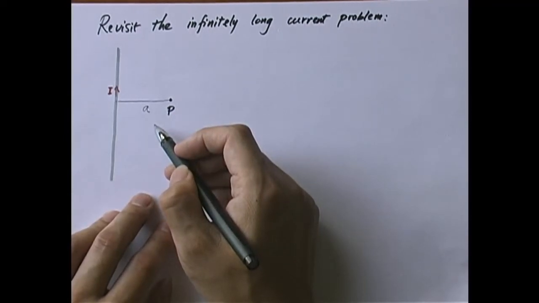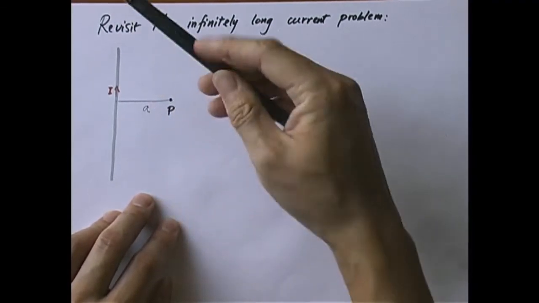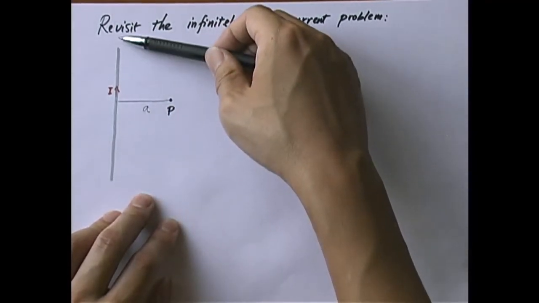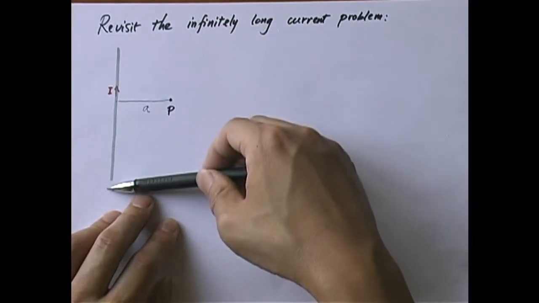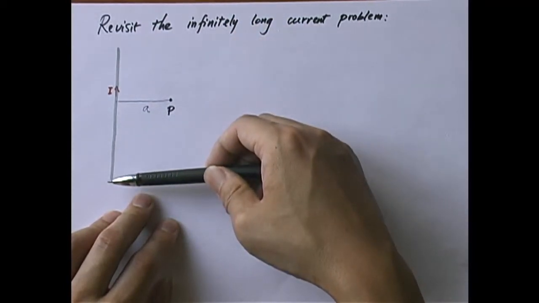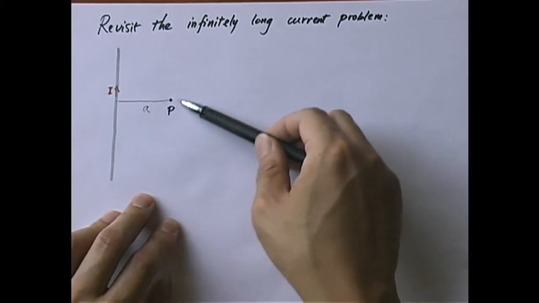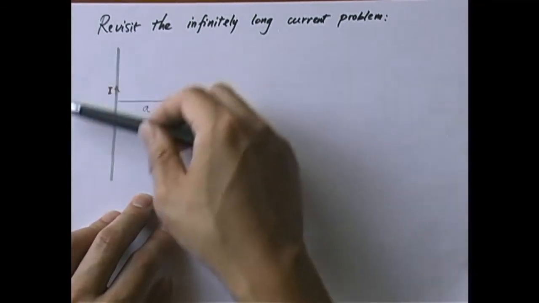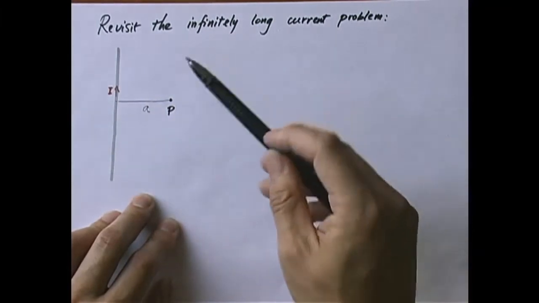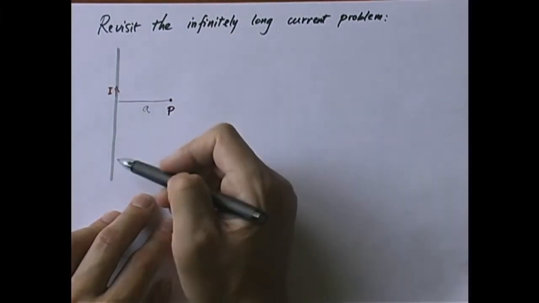To use Ampere's law to solve problems like that, we first have to recognize the symmetry of the problem. You have an infinitely long straight wire carrying a current. What kind of magnetic field would it produce? It's going to produce magnetic fields in circular concentric loops, centered here.